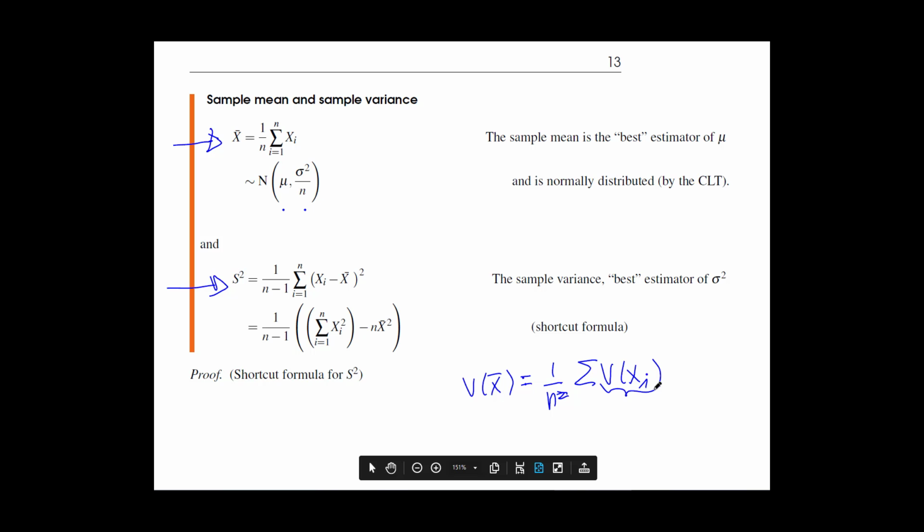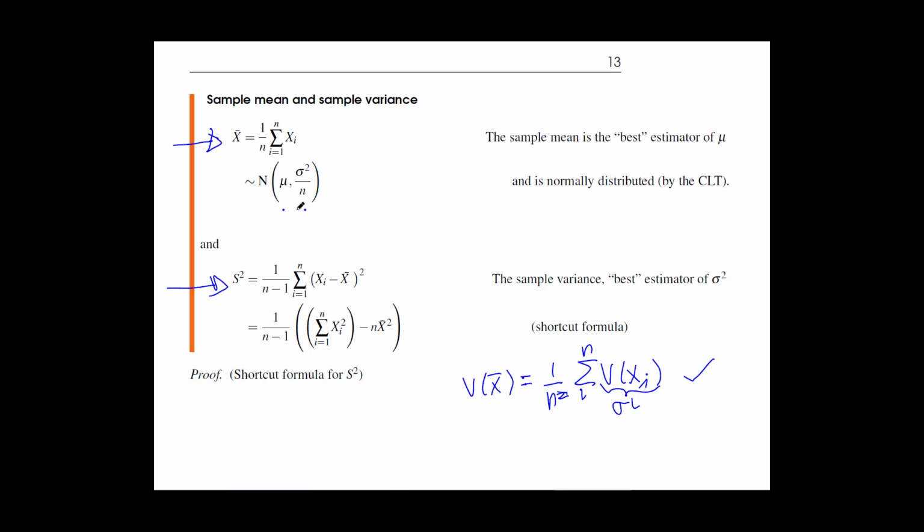All of these are sigma squared by assumption. The assumption is that they are IID, which means that they all have variance sigma squared. This summation is from 1 to n, so it's n times sigma squared divided by n squared, which gives you sigma squared divided by n for the variance.